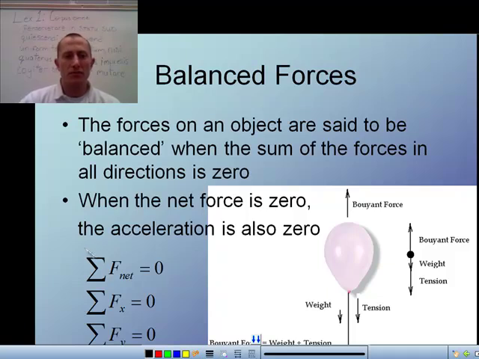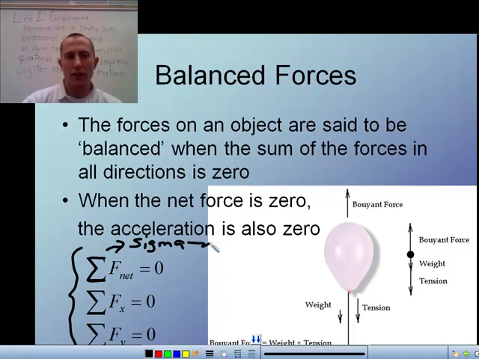So all this is saying down here, these three little equations, this big scary looking E is a sigma. It's just a Greek letter, and it means the sum. So when the net sum of the forces equals 0, that occurs when the sum of the forces in the x direction equals 0, and the sum of the forces in the y direction equals 0.